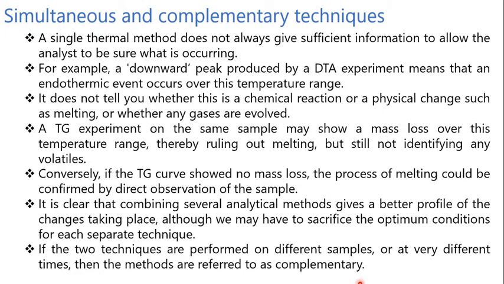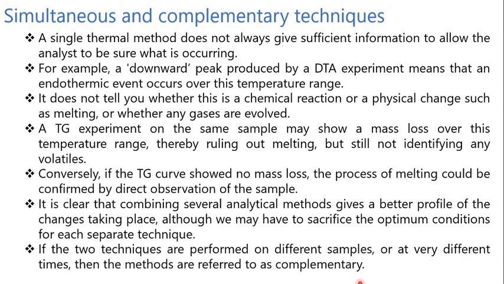Then the next topic is simultaneous and complementary techniques. Generally a single thermal method does not always give sufficient information to allow the analyst to be sure of what is happening. For example, a downward peak produced by the DT experiment means that an endothermic event occurs over the temperature range.